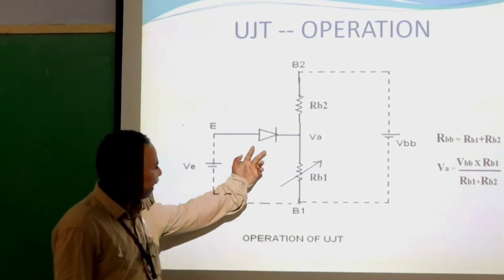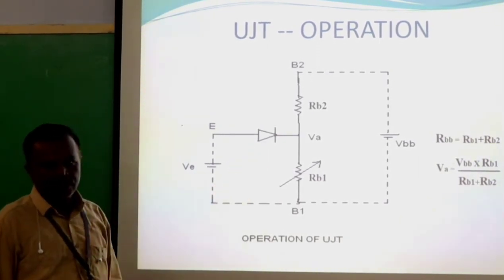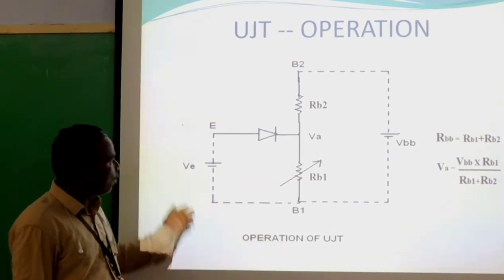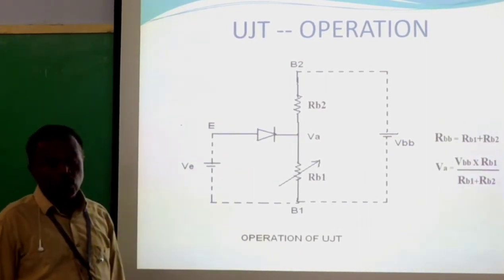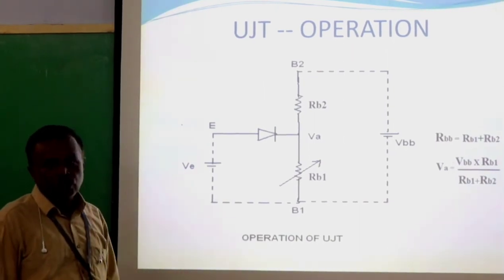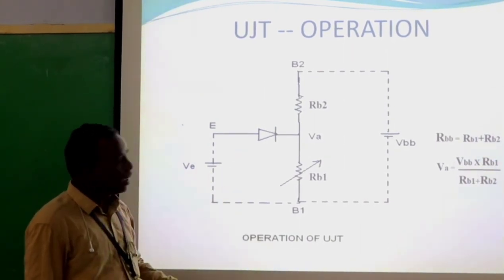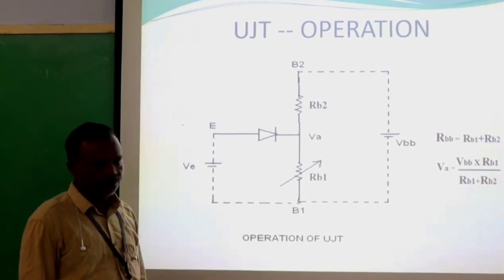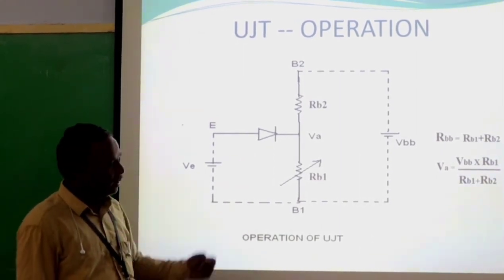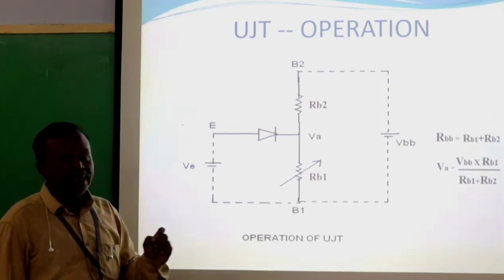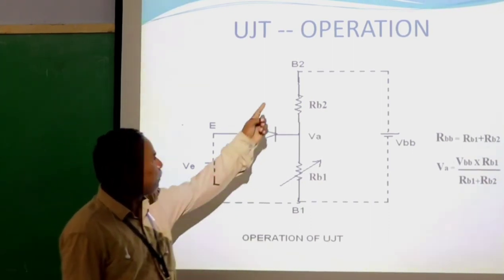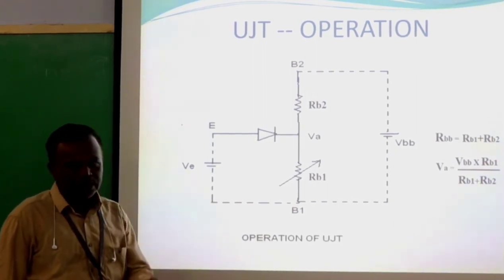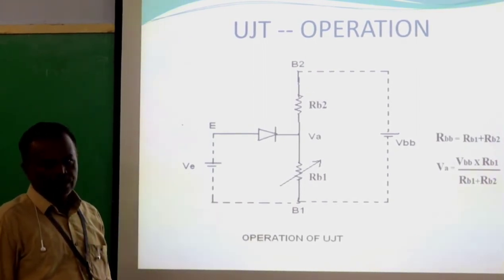Due to the reverse bias, there is no current in the forward direction. Only the leakage current flows through the device due to the minority carriers of the PN junction. This leakage current flows from RB2 to the emitter. This is a very small amount of current.